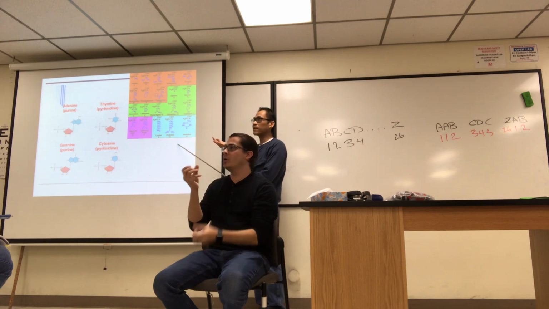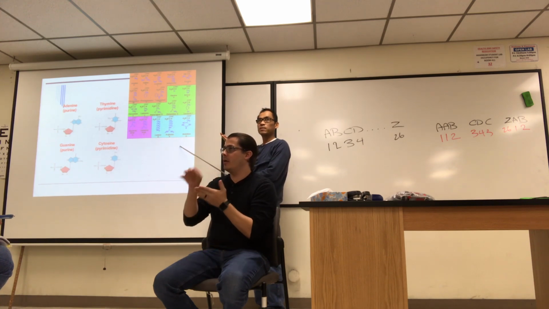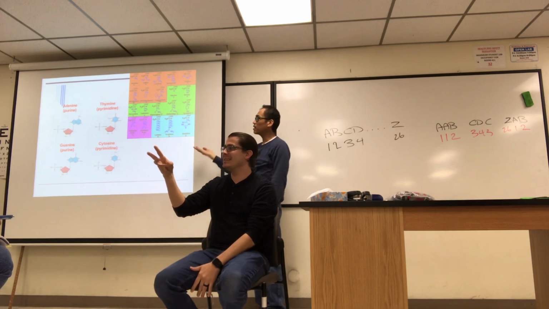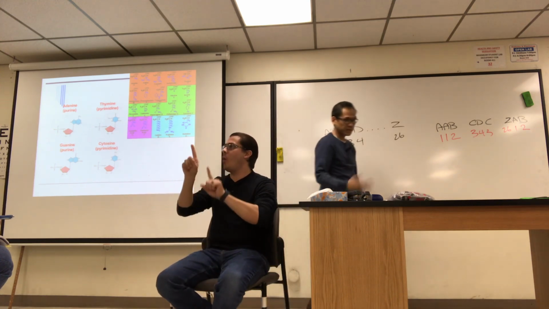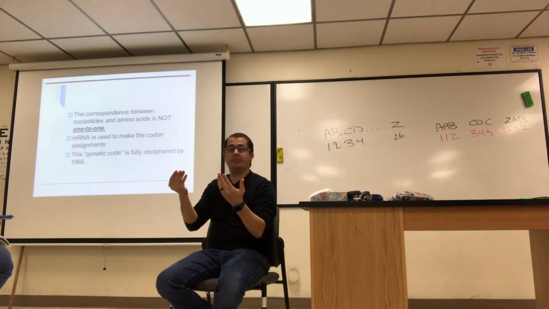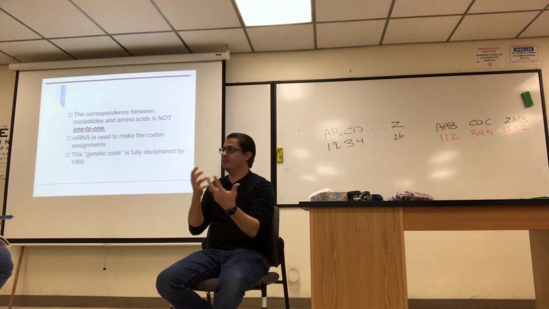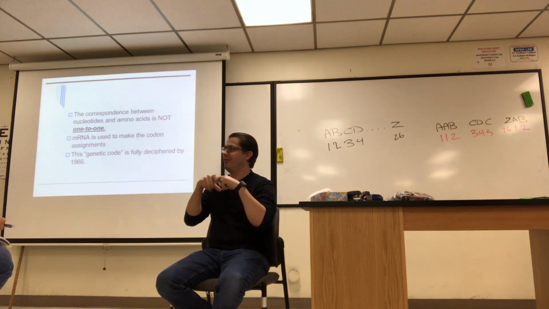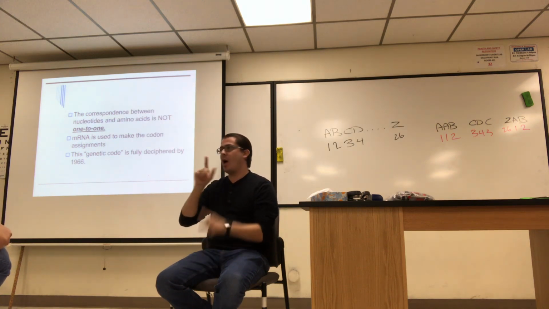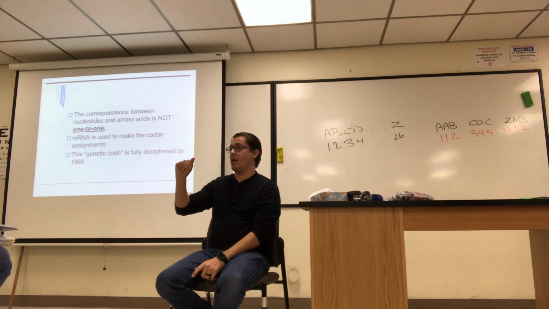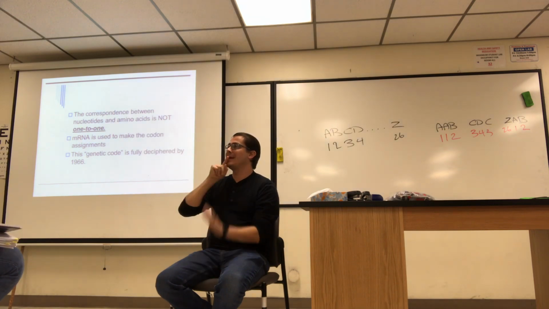So how many are left unaccounted for? 16. So obviously, it's not a one-to-one correspondence between nucleotides and amino acids. mRNA is used to make codon assignments, and the genetic code was fully deciphered in 1966.